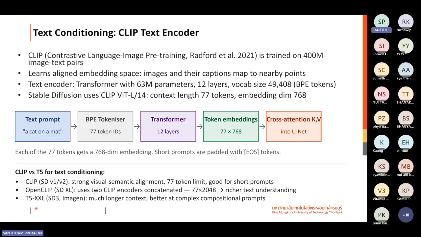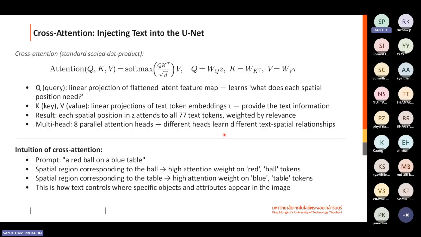For SD3 use T5, you can get longer context. For SDXL, it's switched to use OpenCLIP here. And once you got token embedding, the token embedding will be injected into the UNet by adding to the cross attention part. Okay.